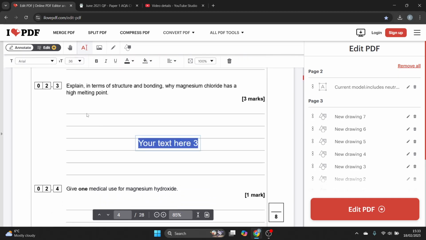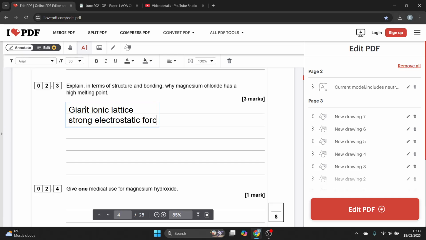Explain in terms of structure and bonding why magnesium chloride has a high melting point. Again, giant ionic lattice, strong electrostatic force of attraction, and then for the final part, you really need to apply it to the question. You can't just say that and get away with it.